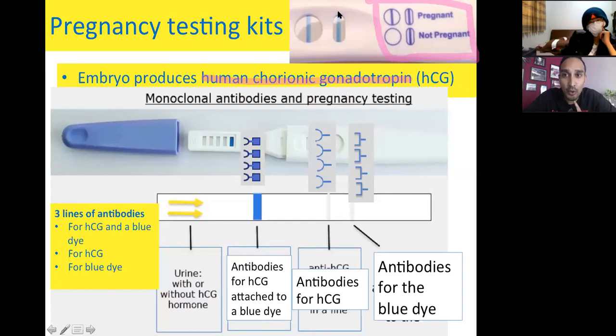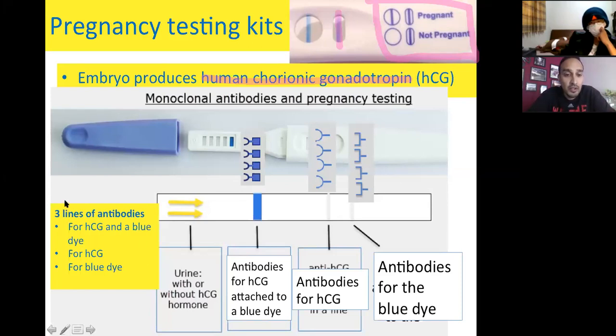If you see a line only in this window, then you're not pregnant. So how do those lines appear? This has entirely to do with monoclonal antibodies. What's the link between HCG, the antibodies, and this blue coloration?